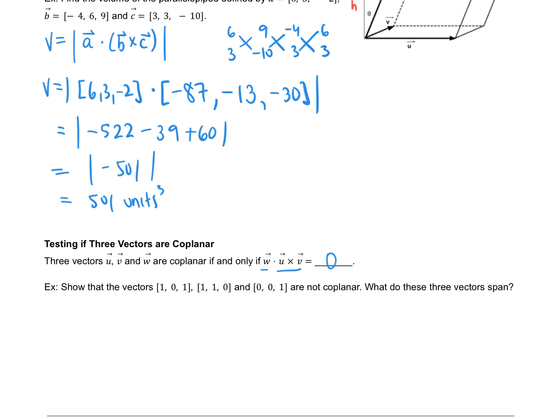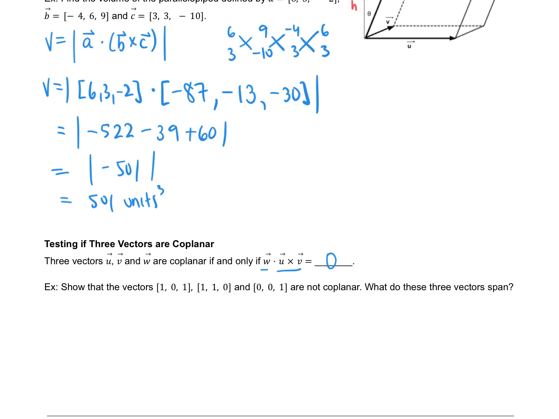So if that's true, then the dot product between w and that perpendicular vector should be 0 if w is also within the same plane as u and v. If it's not, then the dot product will not be 0 because that vector that's supposed to be perpendicular to the third vector actually isn't. And again, the reason we're looking at 0 is because the dot product of two perpendicular vectors is 0.